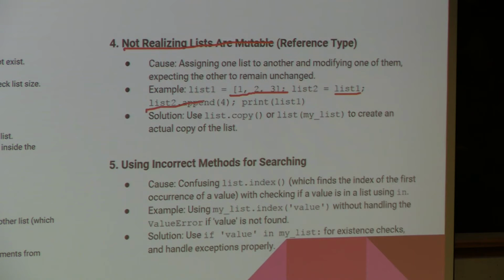If I append 4 to list 2 and then print list 1, what should I get? 1, 2, 3, 4, right? It makes sense when the topic is this, but it would not make sense when you're in a rush. So be very careful with this.